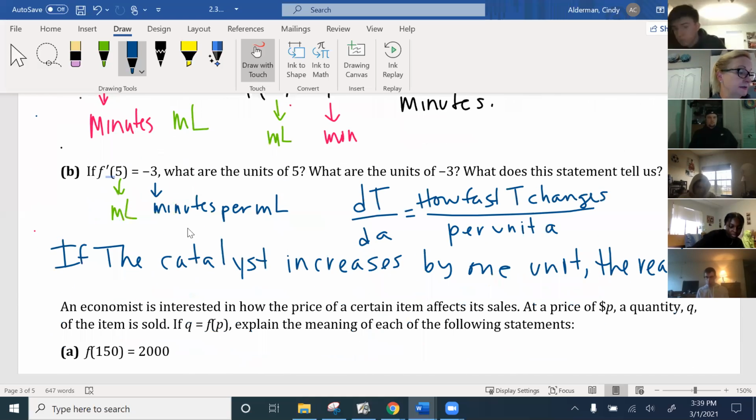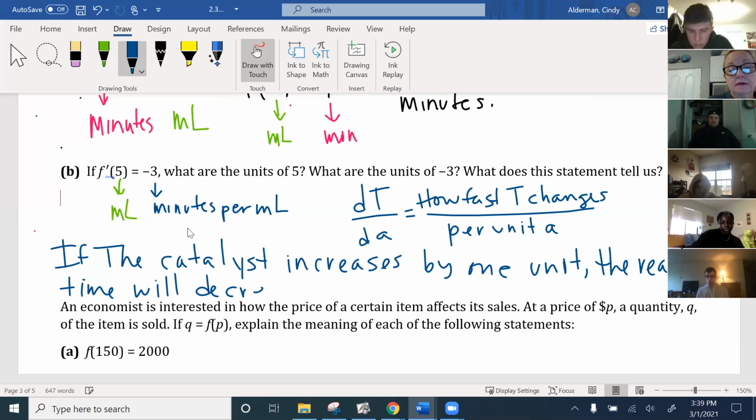The reaction time will decrease by what? What's the rate here? -3. Yeah, very good. So it's going to decrease. That takes care of the negative. By 3 minutes.